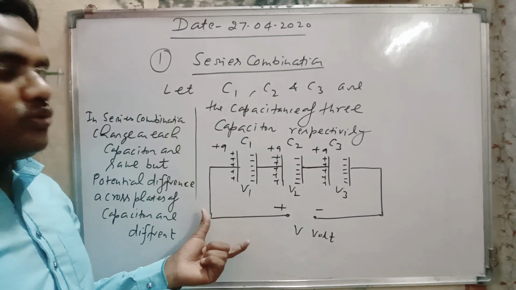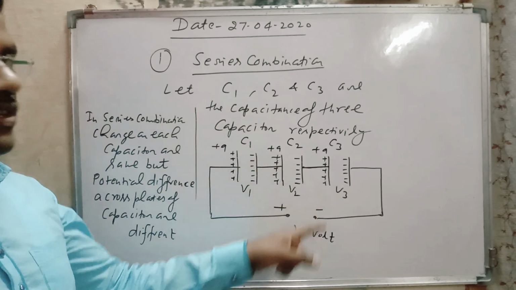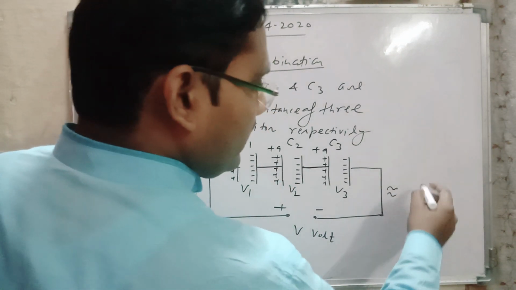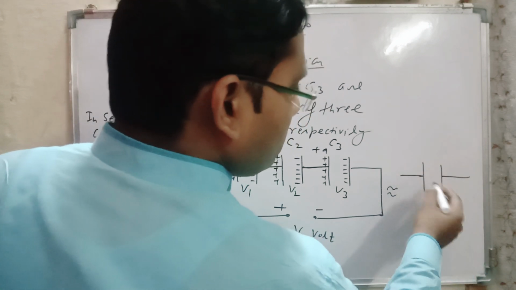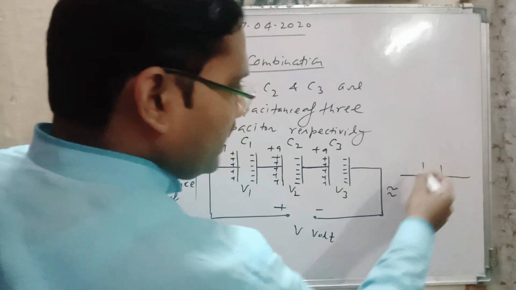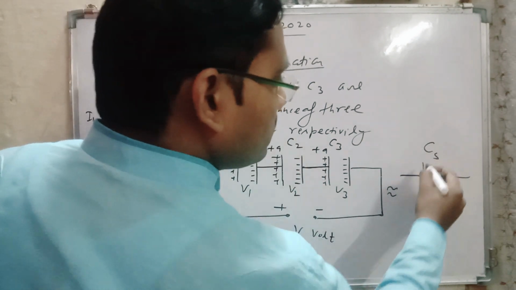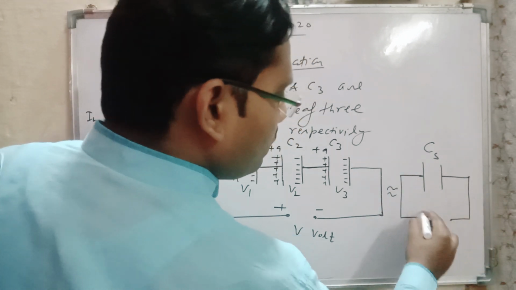To find the equivalent capacitance, here we apply the conservation of energy. Now here we take a second equivalent diagram. This capacitor is the equivalent of these three capacitors. This value is Cs, and this is connected across the same potential.